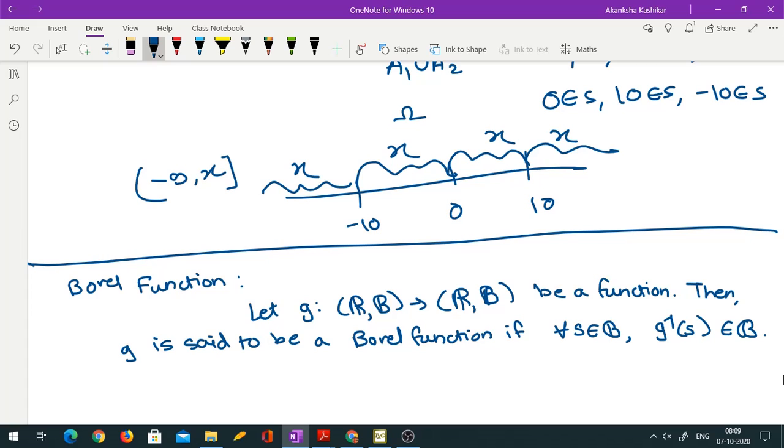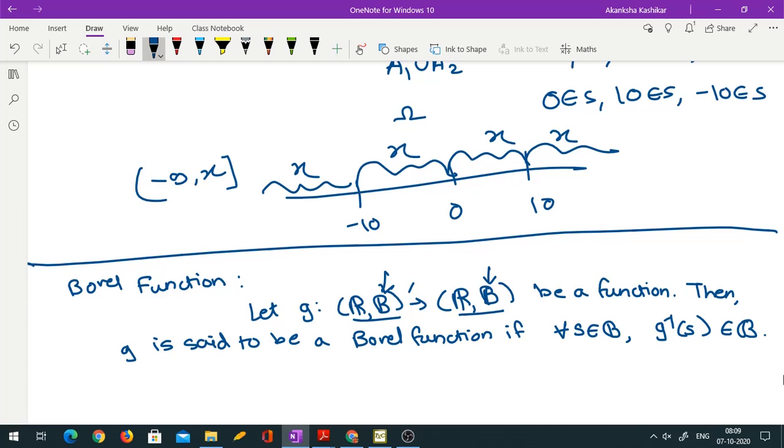So it's similar to measurability, but because now this is also R and this is also R, I am saying inverse image of every set from here should be in here. G would be a Borel function if inverse image of every Borel set is also a Borel set.